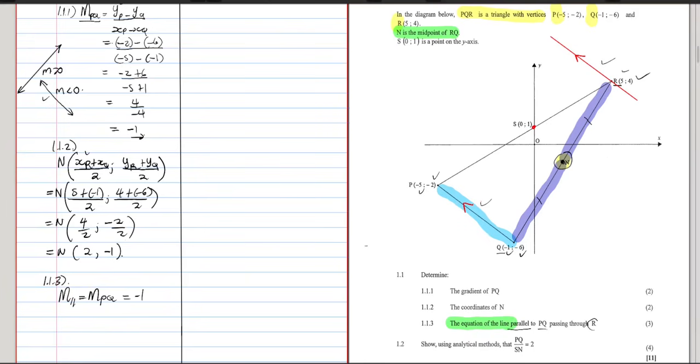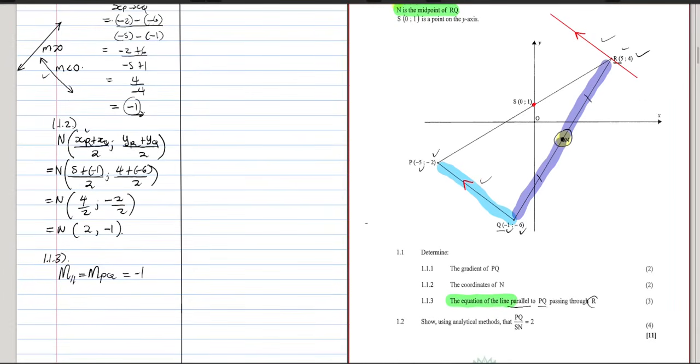The gradient of PQ, we calculated it to be -1. So now the parallel line has a gradient of -1. We also have a point, so we have the two things I was talking about. So now we go straight to finding the equation. We're going to use y equals mx plus c to work out the equation.